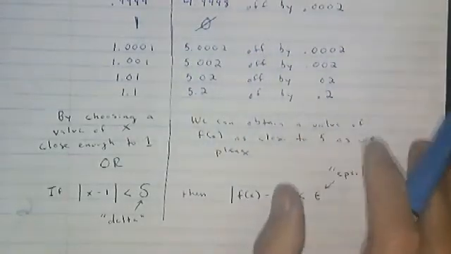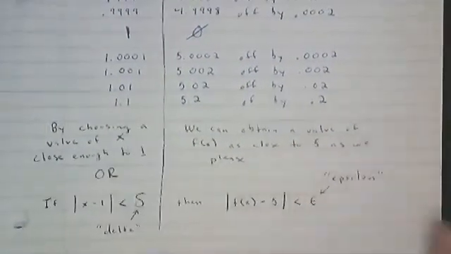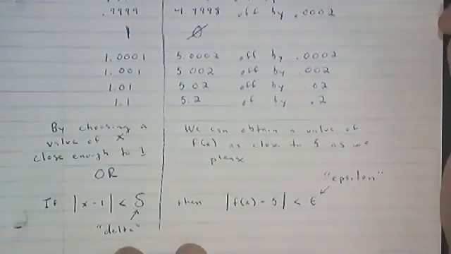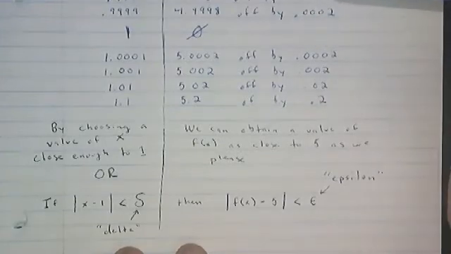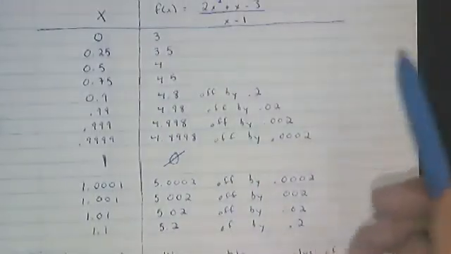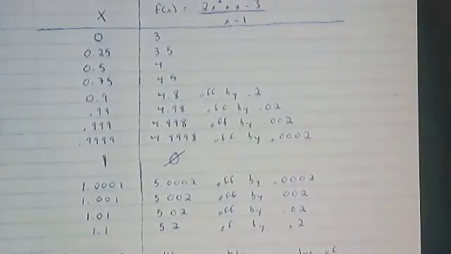And so we can see this from our table, that let's say we want our function to be within 2/10ths of 5. We want our function to be within 2/10ths of 5.